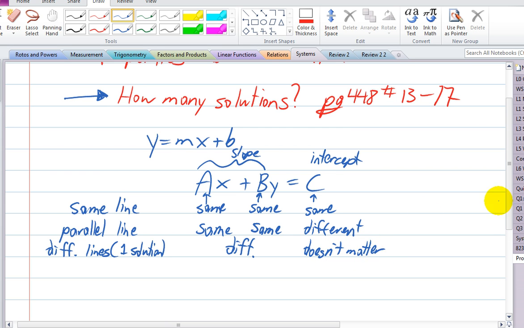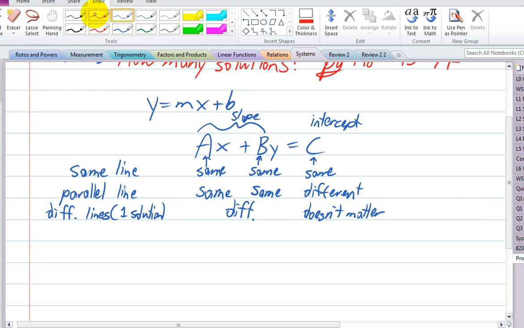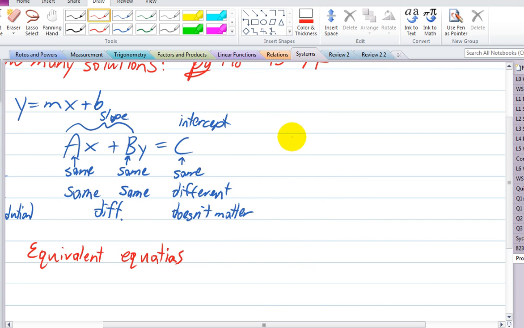Okay. Now you got to be careful because you are going to have equivalent equations. And that's where it gets a little tricky. So there's a short way to check this. So if I have 3x plus 2y equals 10, and then the other equation is 6x plus 4y equals 20, a lot of you people are going to say, yeah, they're exactly the same line.